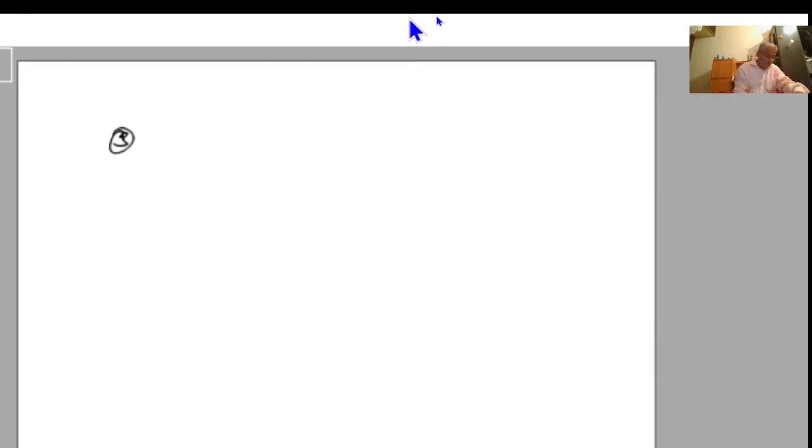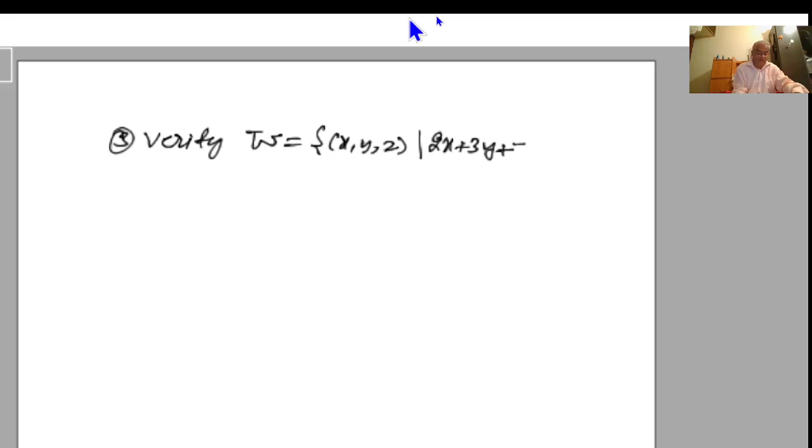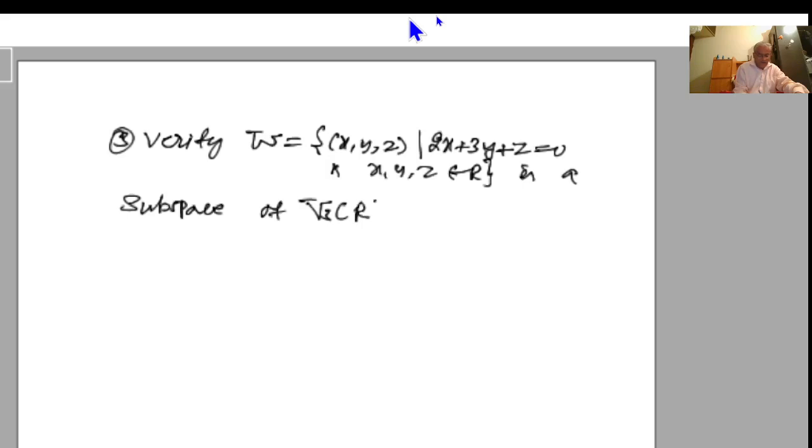Next, consider one more example. Verify that W is equal to the set of (x, y, z) such that 2x plus 3y plus z equal to 0 and x, y, z belongs to R is a subspace of V3(R).